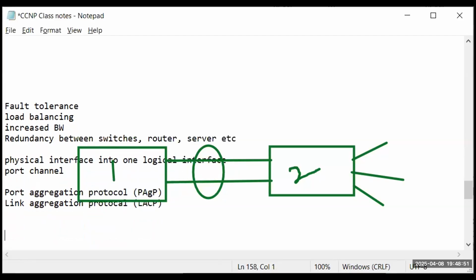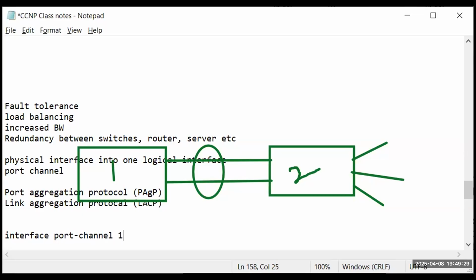First go into the interface. We first need to configure a logical interface: interface port-channel 1. So this is one logical interface we are creating. Likewise, the switch can have any number of logical interfaces. If one is already created, the next is 2, then 3.